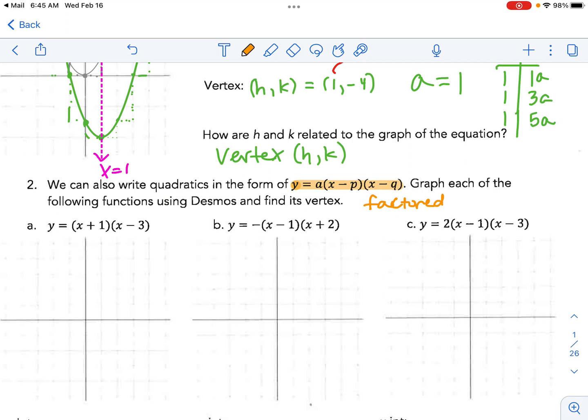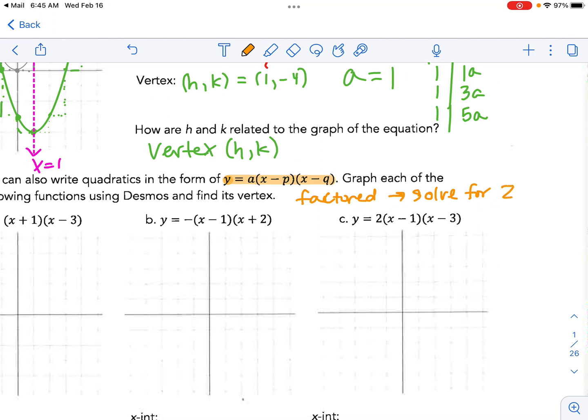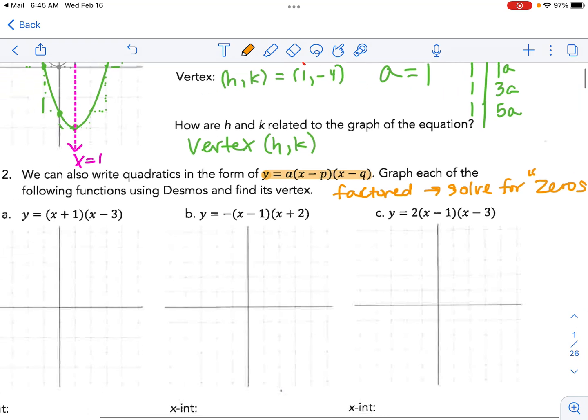And so when we're going with that factored form, then what we can do is find the zeros. That will allow us to solve for the zeros, which are the x-intercepts. I'll call them zeros right now, where they cross the x-axis.